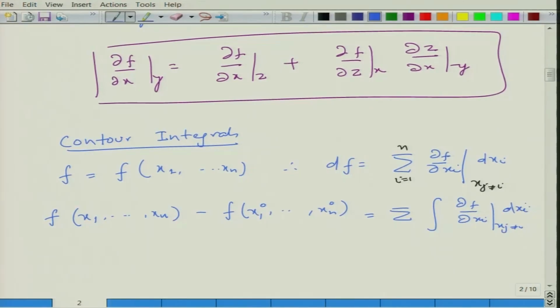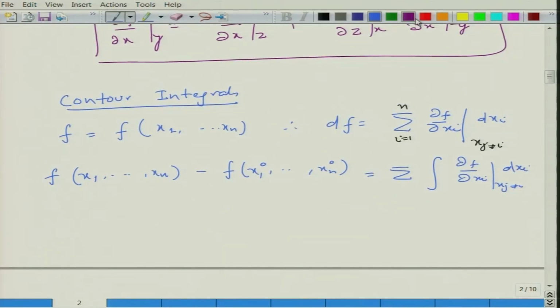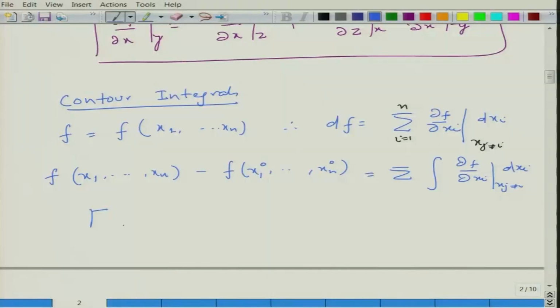Okay. Now, the question is, how do you find this path? How do you find the path, or in other words, if I define this path as symbol gamma, how do you decide the path for going from one point to another? One of the easiest ways, if it is a two dimensional or two variable state, then it will be simple, a collection of straight lines. Okay. So, that is something which we can demonstrate for simple problems.